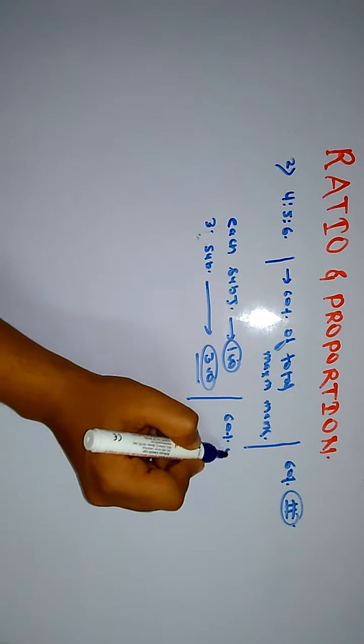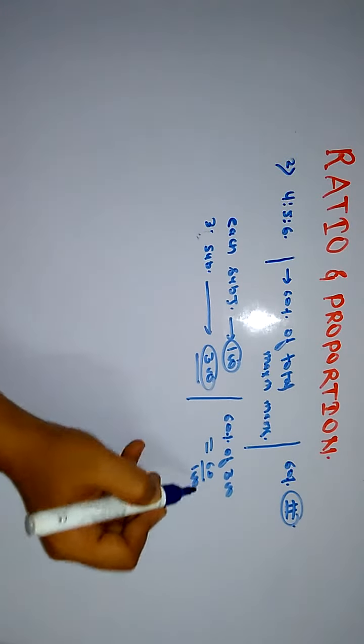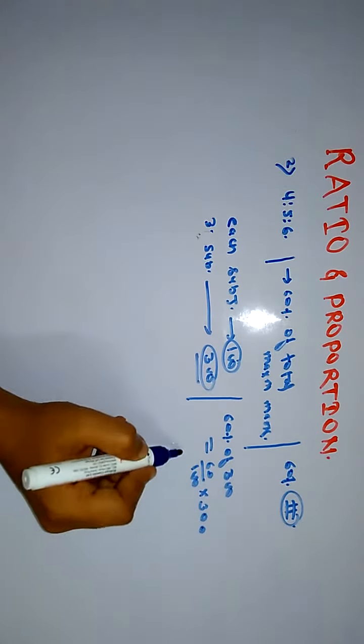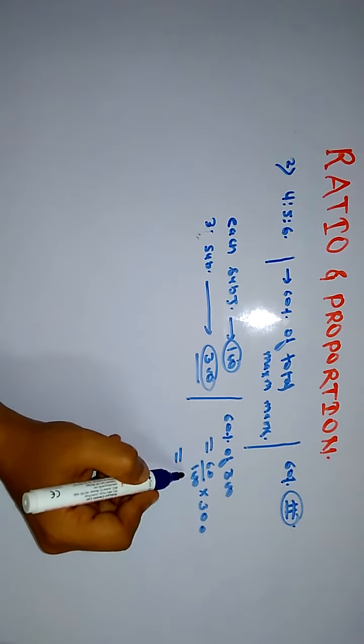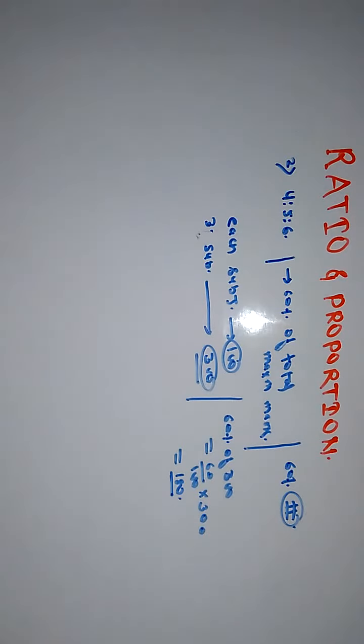So 60% of 300 is 60 upon 100 into 300, which is 180. He is scoring only 180 marks out of the total maximum marks.